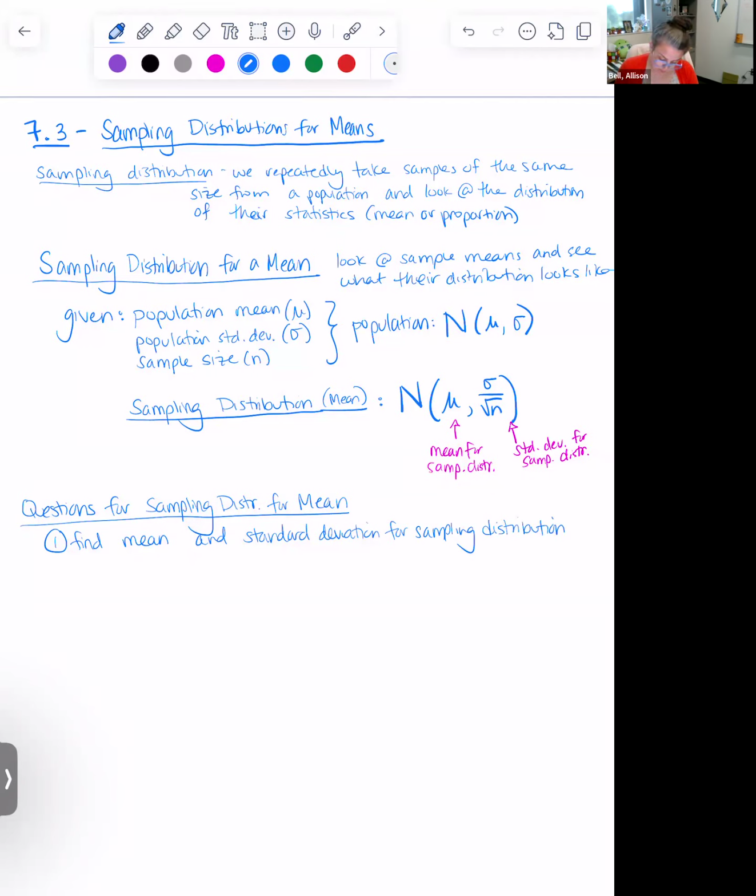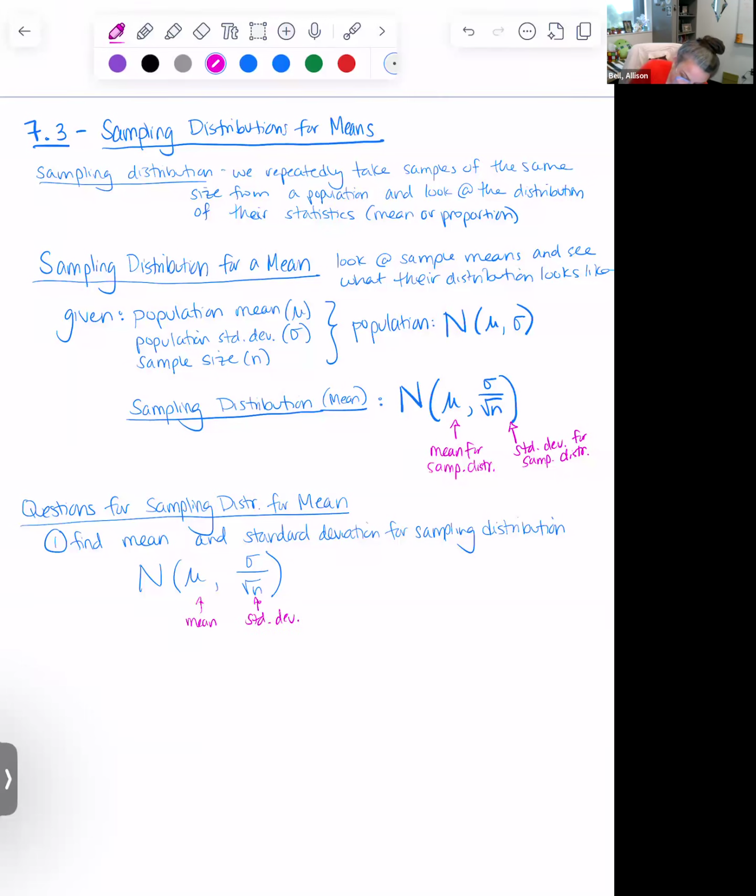So we compute a mean, which is the mu, and we find the new standard deviation by taking the population standard deviation and dividing by the square root of the sample size. So that's the first thing that we do. So we find the mean and we find the standard deviation.